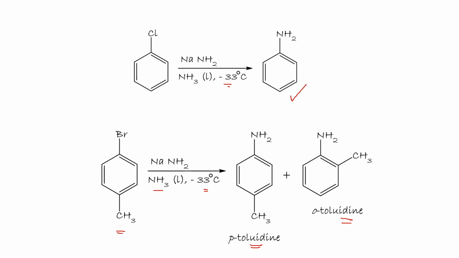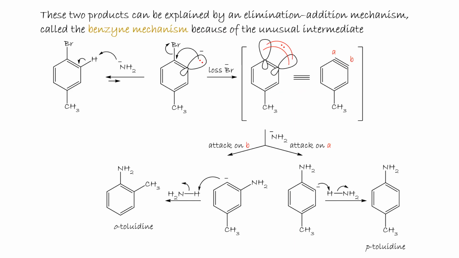If it's addition-elimination, we just replace the Br by NH2, and we get only para-toluidine. But we get a mixture of para-toluidine and ortho-toluidine. This can be explained with the following mechanism.